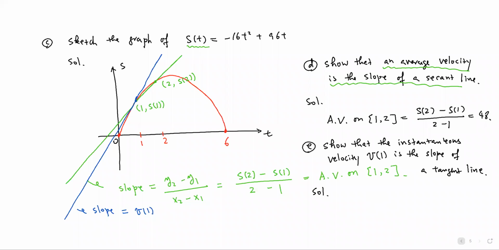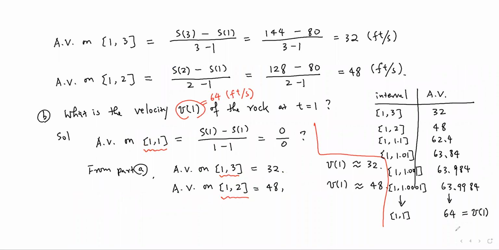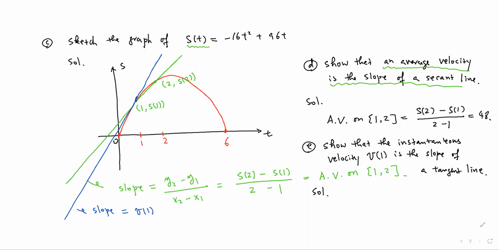From part A, we saw that instantaneous velocity at 1 is equal to the limit of average velocity, right?